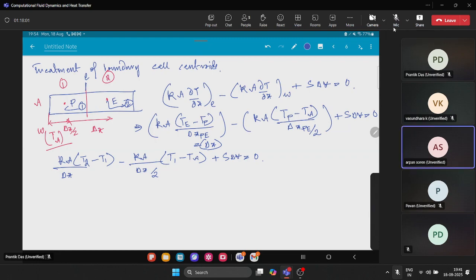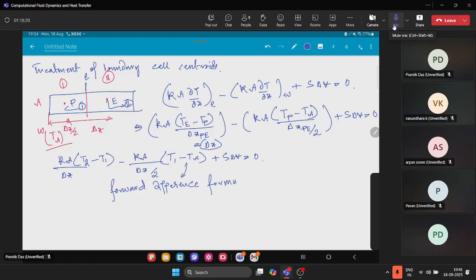Yes, sir. So this formula is called the forward difference formula. The order of accuracy of the forward difference formula is delta x, whereas for the central difference formula, it is delta x squared.